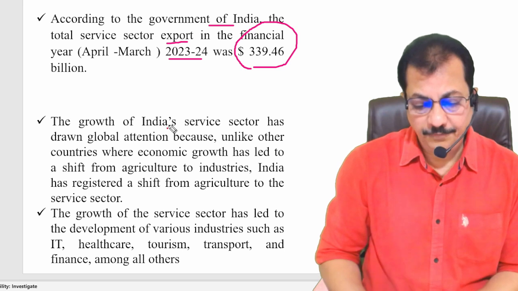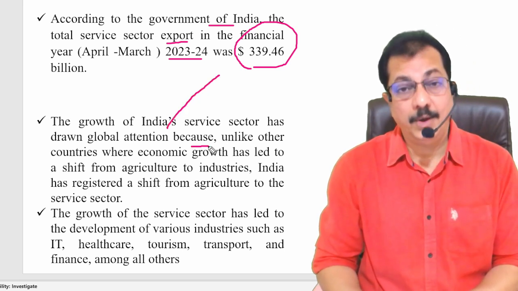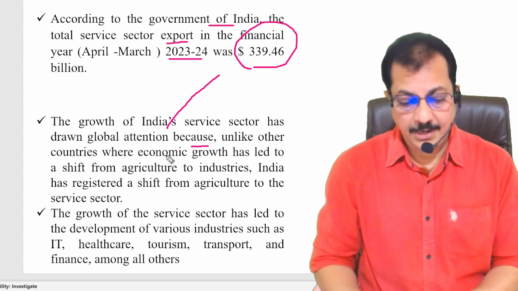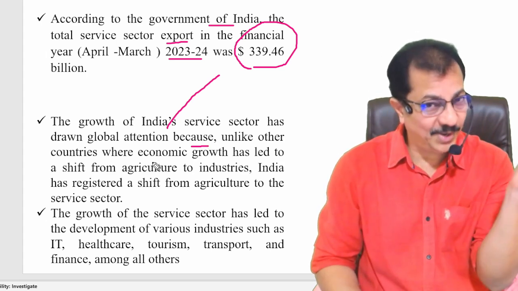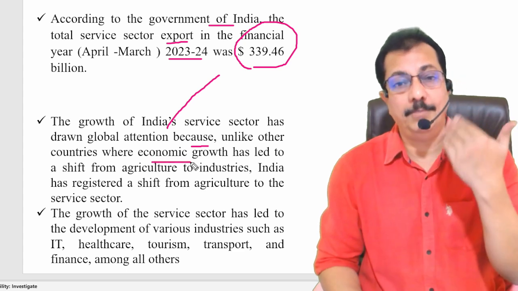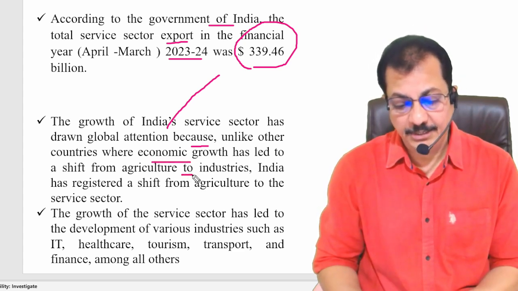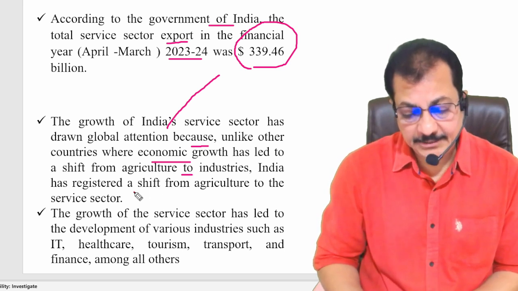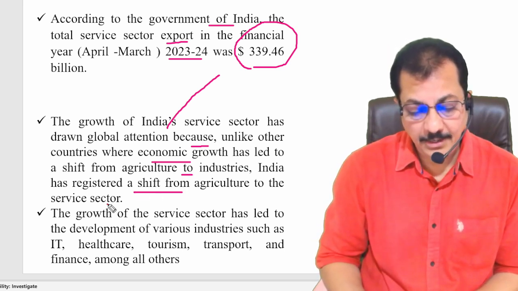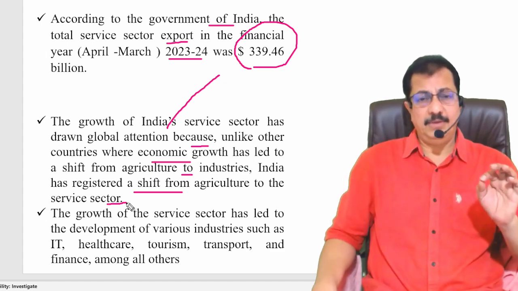The growth of India's service sector has drawn global attention. Why? Because unlike other countries, where economic growth has led to a shift from agriculture to industries, India has registered a shift from agriculture to the service sector directly. Very important point.